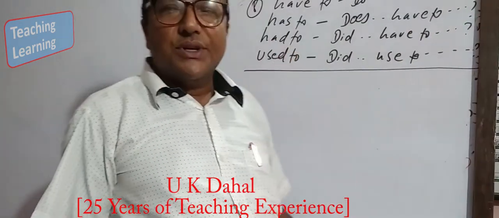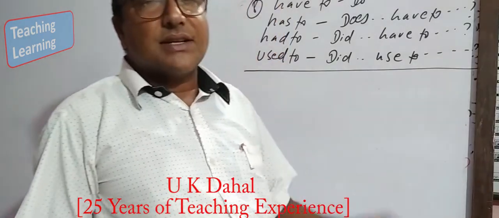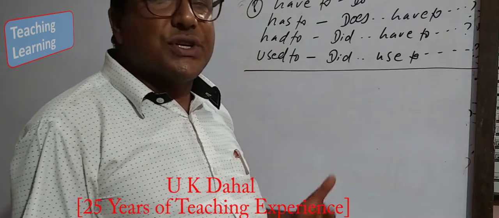If there is has to in the sentence, then we have to use does at first of the sentence. Then after the subject, we have to write have to. Ram has to go to school.